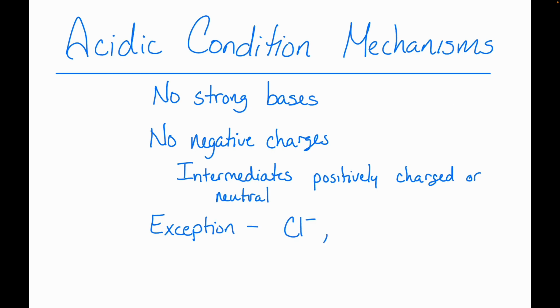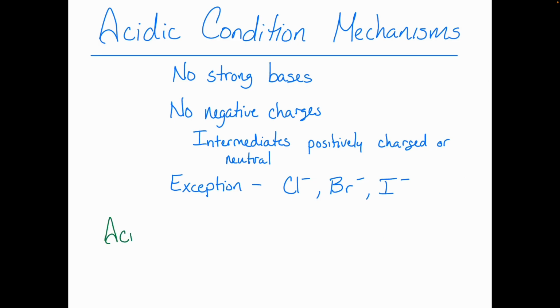A chloride ion, a bromide ion, an iodide ion, all of these will survive just fine under acidic conditions, because even though they have a negative charge, they are not strong bases. They are in fact terrible, terrible bases. And it turns out that they're great nucleophiles, so it's a very important exception to make note of, right? These are going to be ones that are primarily used under acidic conditions.